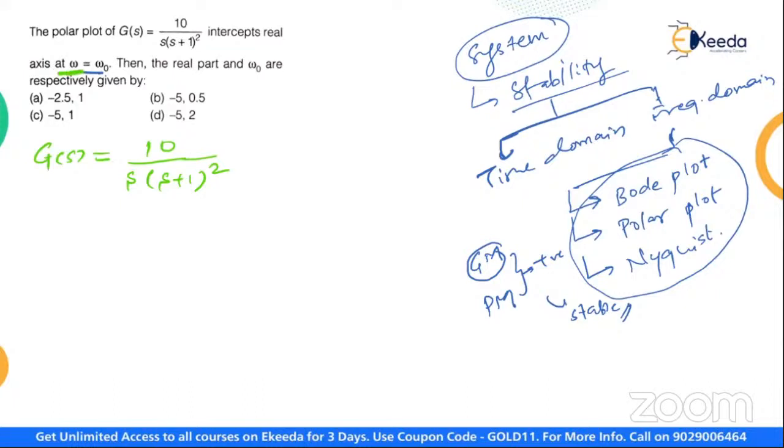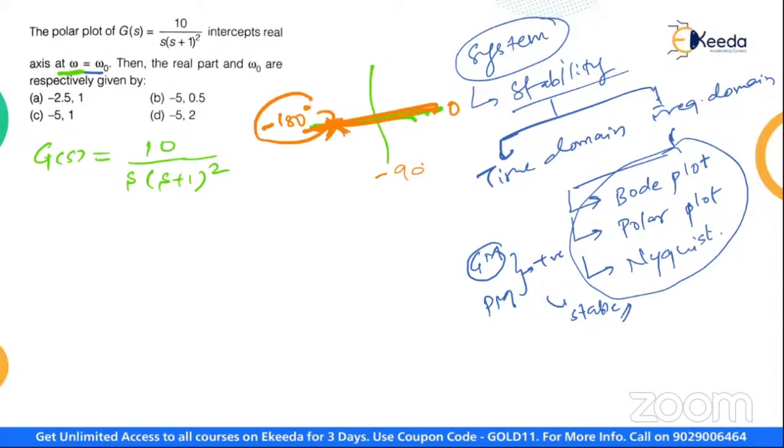Real axis means the x-axis. Now they are saying that the intersection with the real axis is somewhere here. So here we know the angle: this is 0, this is minus 90 degrees, and this is minus 180 degrees, which means it is intercepting somewhere here at an angle of minus 180 degrees.